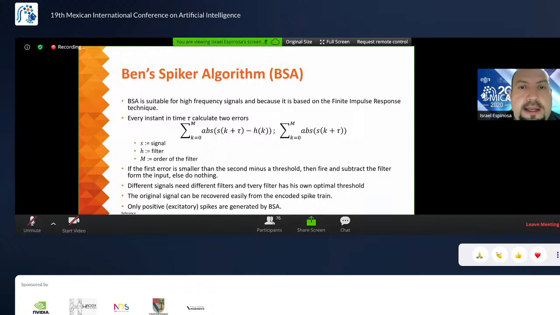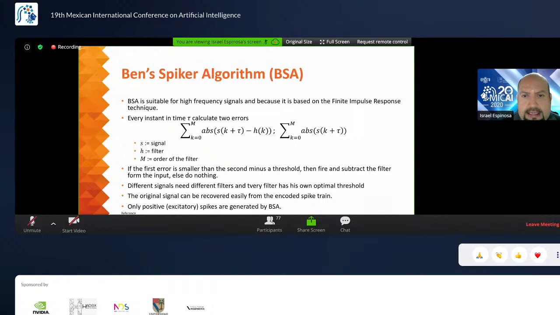The second encoding algorithm is the Bens Spiker algorithm. This algorithm is based on the finite impulse response technique. Basically, we have a signal that we pass through a filter, and then we calculate two errors while passing that filter through the signal.